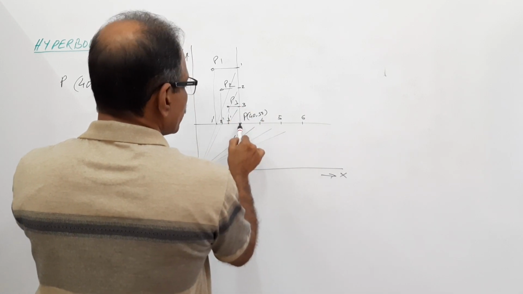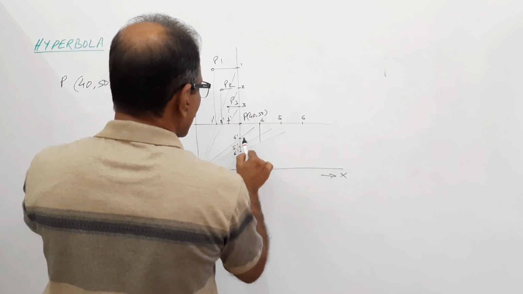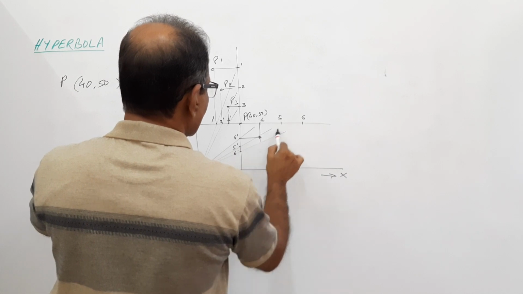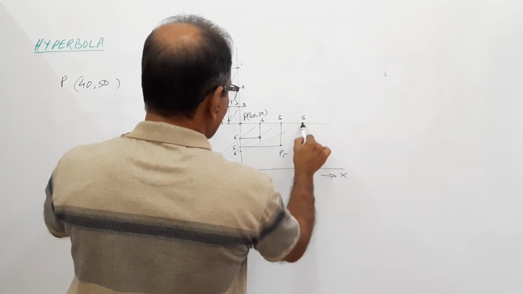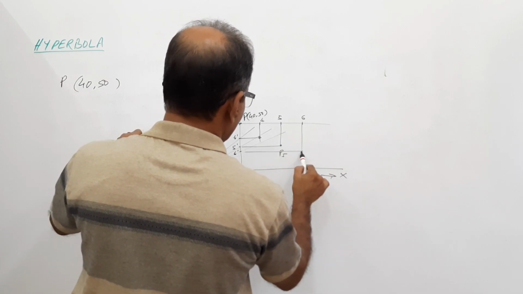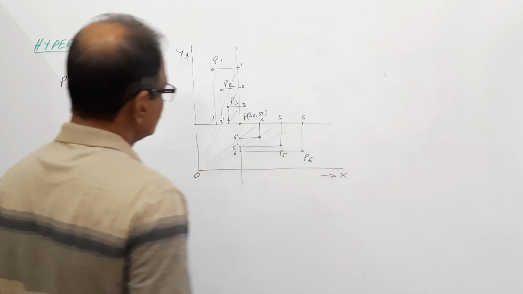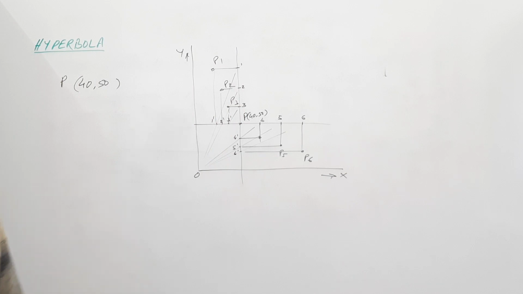Draw a vertical line through 4, horizontal through 4 dash, P4, then P5, P6. You have got how many points? 6 points.